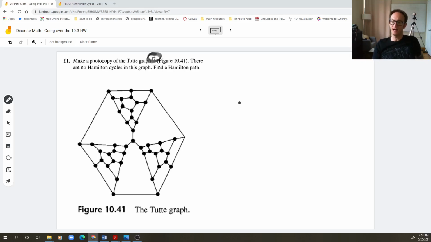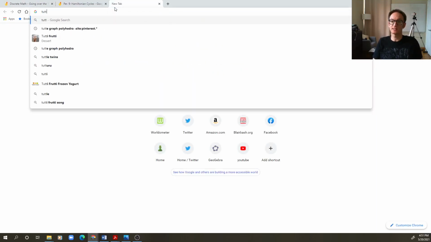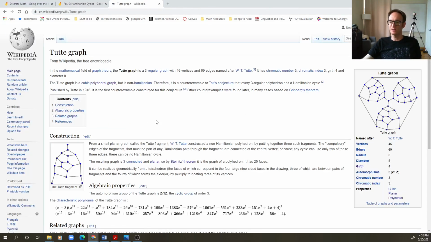I forget why it's famous. Let's just look at it. Oh yeah, the Tutte graph is famous because it is non-Hamiltonian. In fact, it does not have a Hamiltonian cycle.